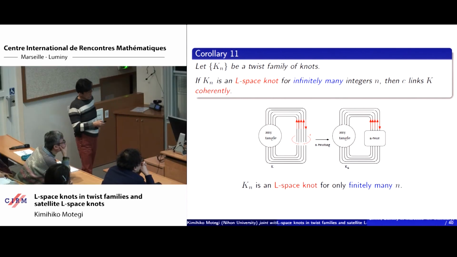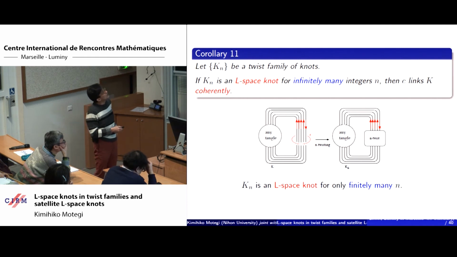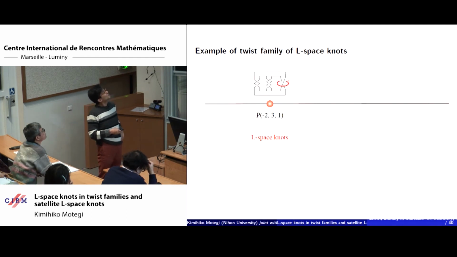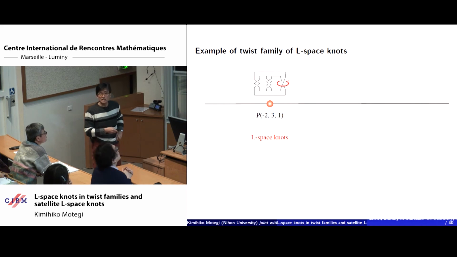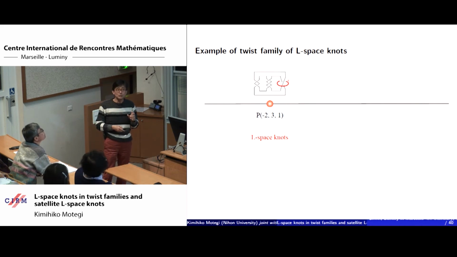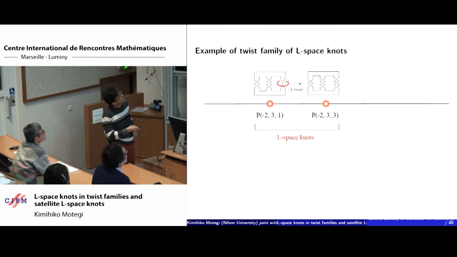Okay, now we look at some interesting examples. Here is the (-2,3,1) pretzel knot. This is, I think, the (2,5) torus knot, I guess. And we take a trivial knot C here. After one twist, we obtain the (-2,3,3) pretzel knot.